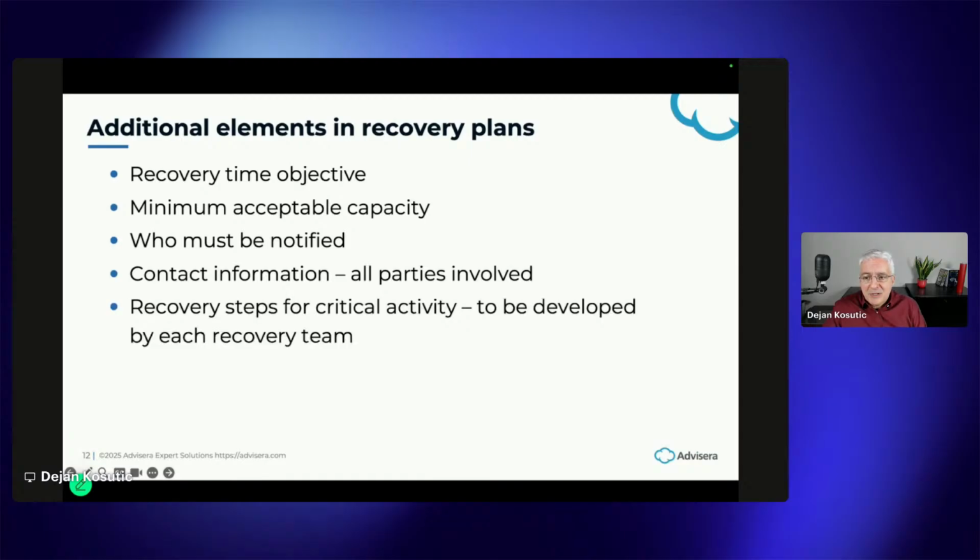Recovery steps for a critical activity to be developed by each recovery team. So yes, you need to define what steps are needed for you to recover a particular activity. For example, in the loan department, the first step might be that all of the employees of this department gather at the alternative location, that they check as a second step if they have all the necessary hardware.